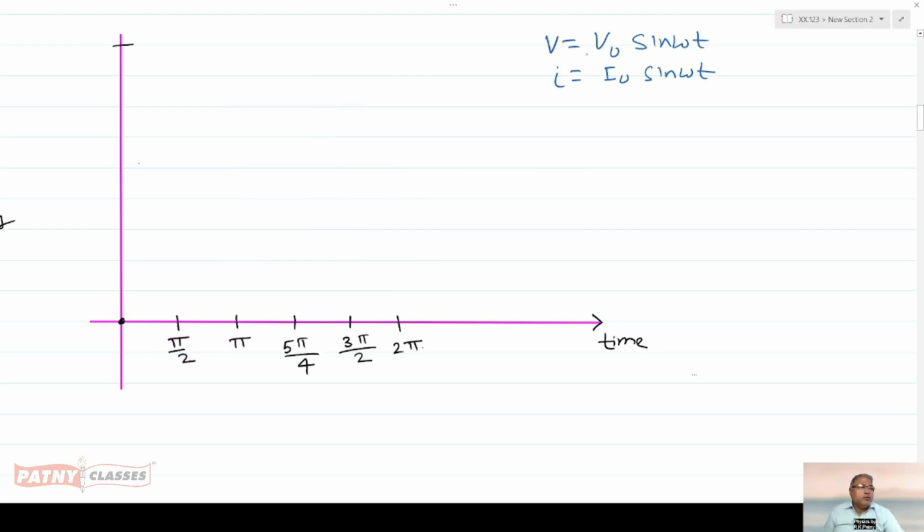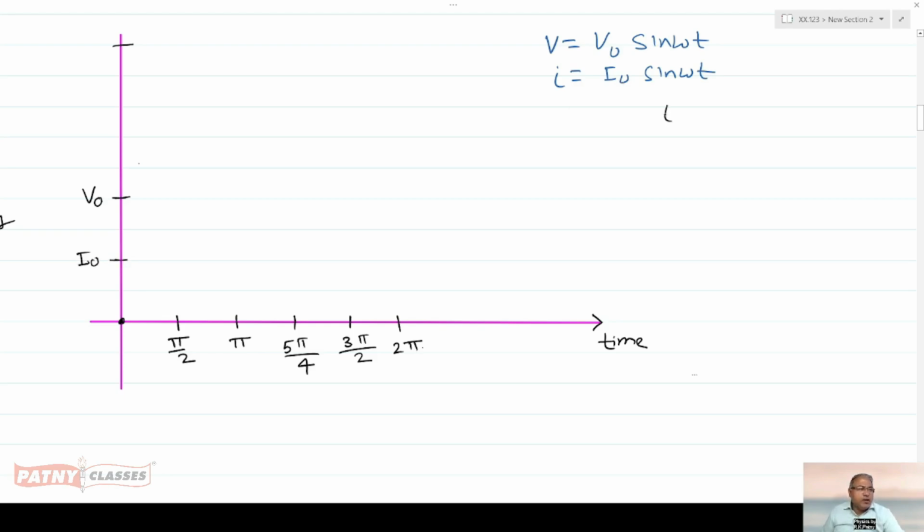Here is V equals V naught. So V naught is the peak value of voltage, that is the maximum voltage. So let us take this value as the maximum voltage V naught, and I naught, that is the peak value of the current.